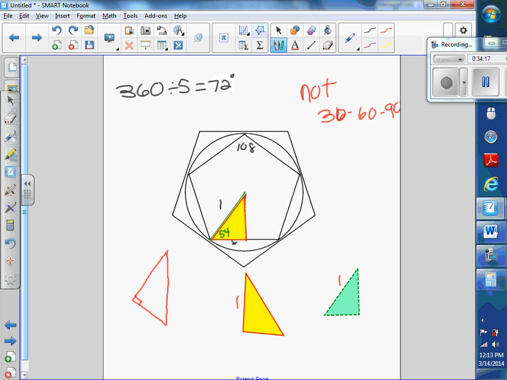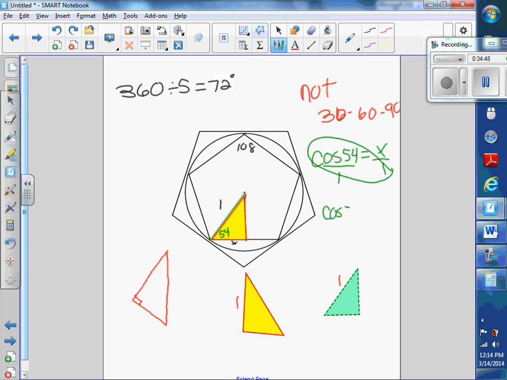So x is adjacent to 54, so the cosine of 54 is equal to the adjacent side divided by 1. Why do you have to divide by 1? Adjacent over hypotenuse. 1 is the radius of the circle and the hypotenuse of the triangle. So when you cross multiply and divide, x is just cosine of 54.